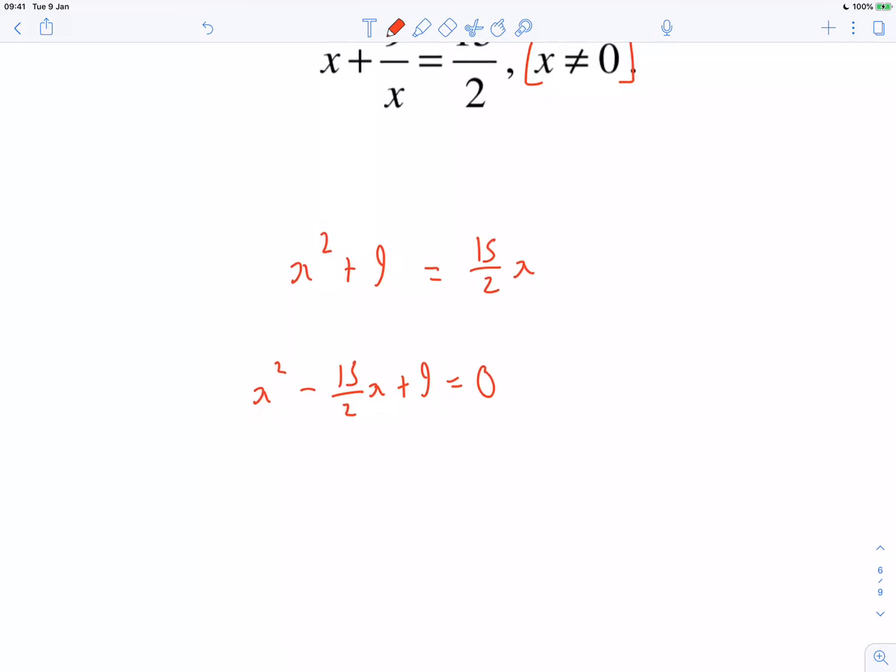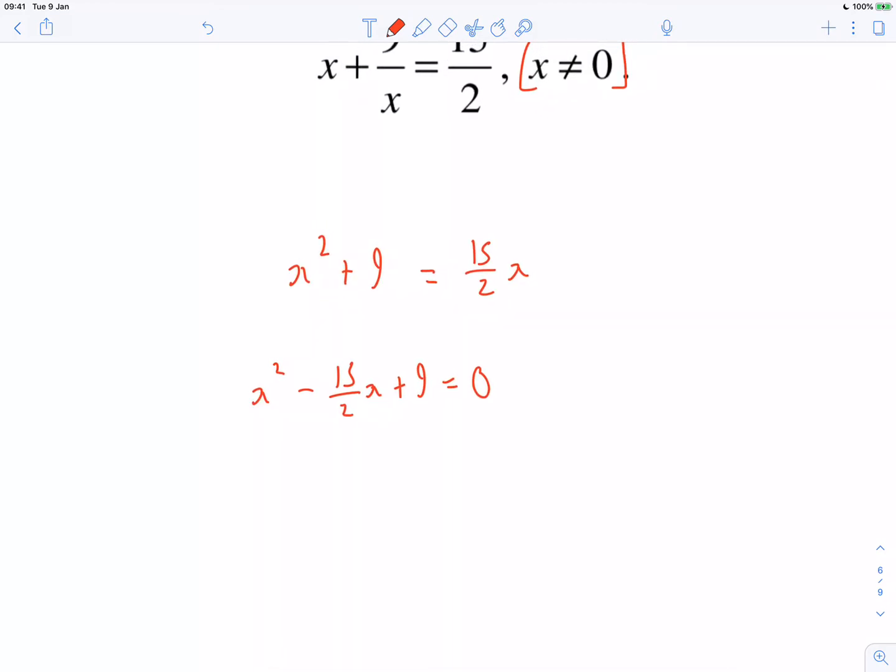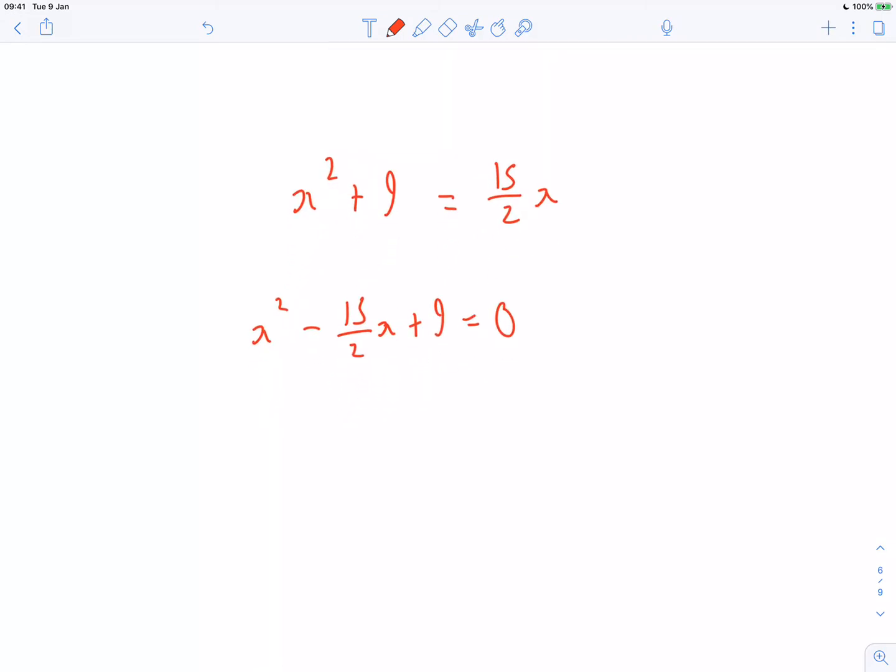There's multiple ways of doing this. You could multiply by 2, see if it factorises. You could use the quadratic formula. I'm going to do completing the square again for giggles. So x minus 15 over 4, squared, minus the thing squared: 15 squared is 225, over 4 squared is 16, plus 9. 9 16ths are 144 over 16.